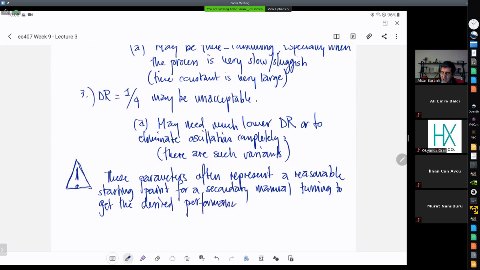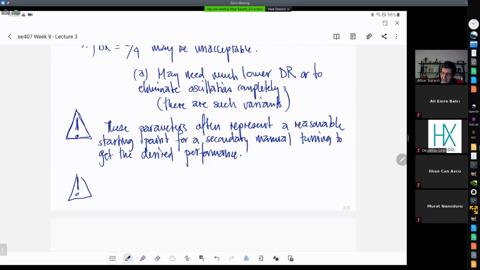And what is the main advantage? I stated this already.